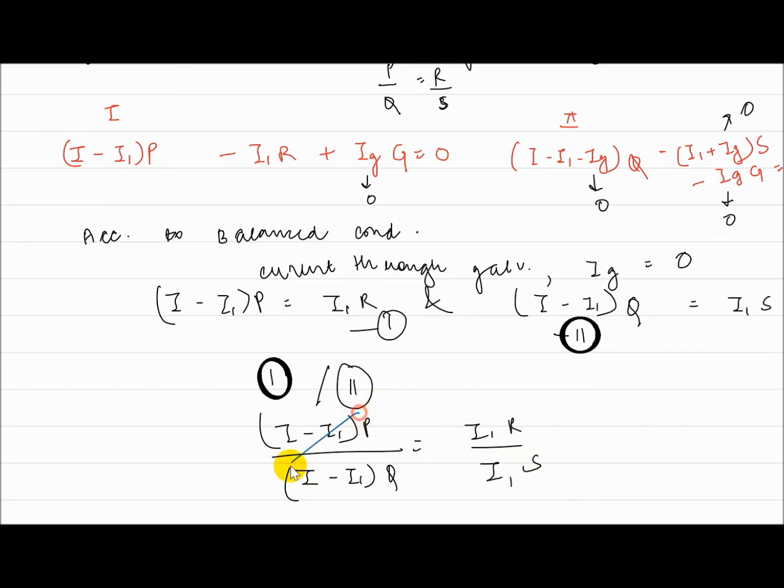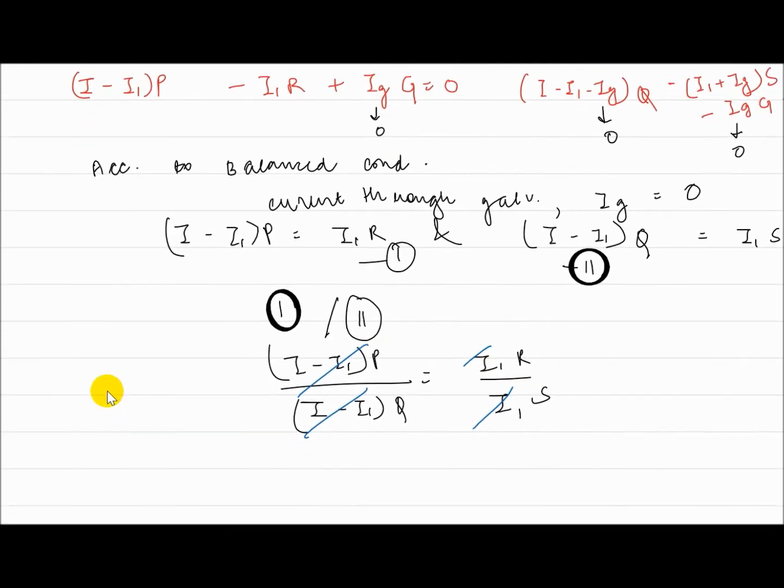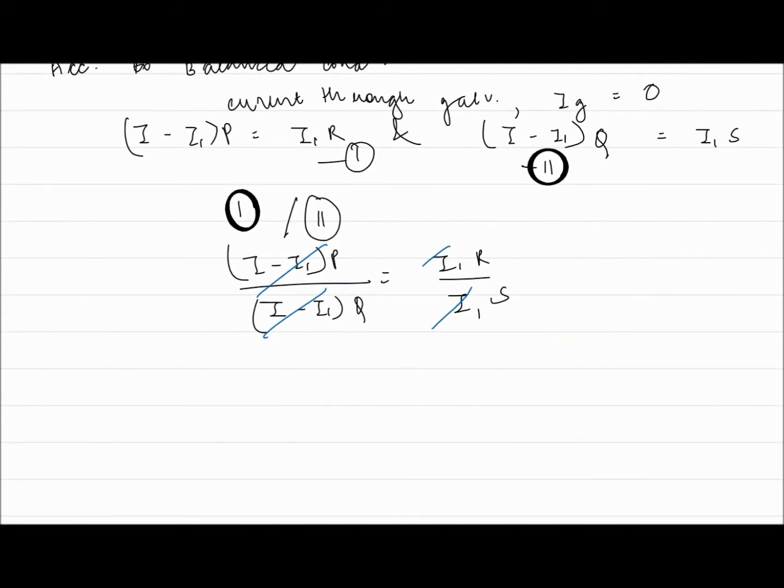We can see that these two get cancelled and we get the condition of the balanced Wheatstone bridge, that is P by Q is equal to R upon S. We have derived and proved the condition of the Wheatstone bridge.